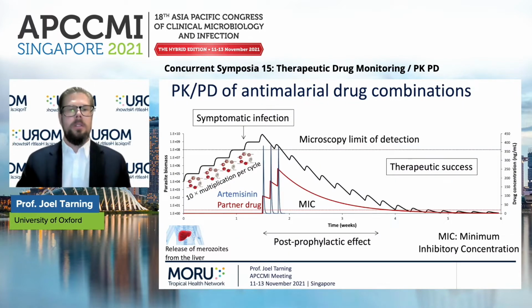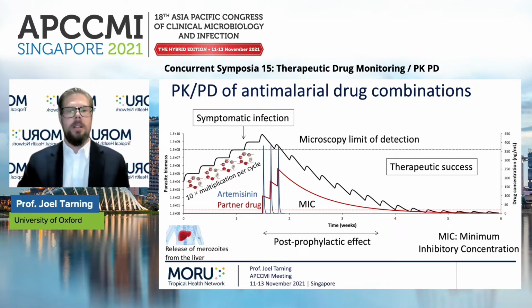So this is the schematic illustration of the PK/PD properties of antimalarial drug combinations. On the y-axis, we have parasite biomass, and on the x-axis, we have time in weeks. The infection starts with the release of merozoites from the liver. About 10 to the 4, 10 to the 5 parasites are released from the liver.